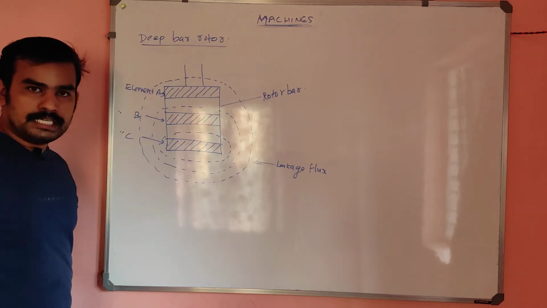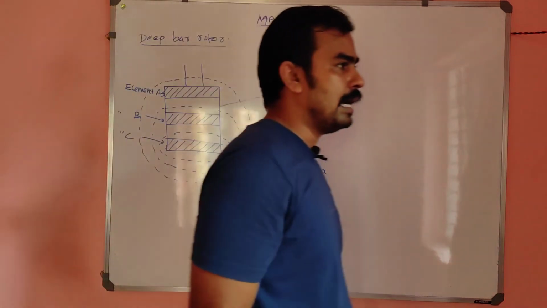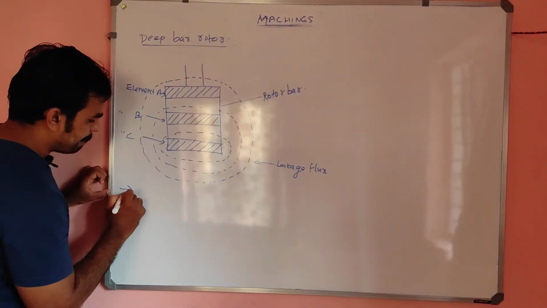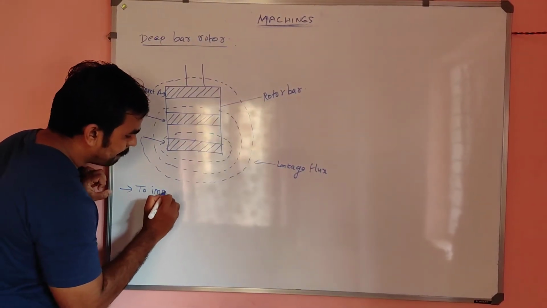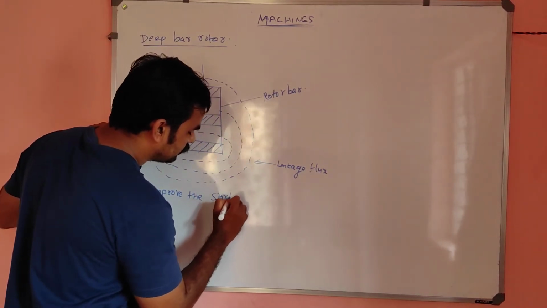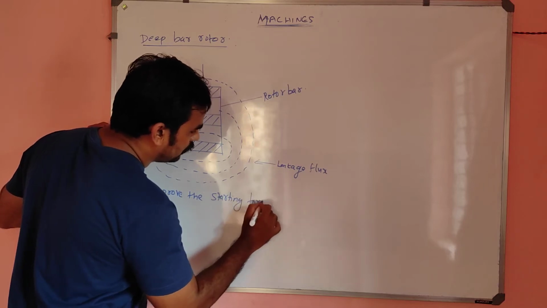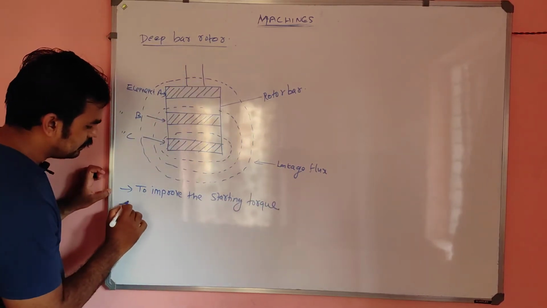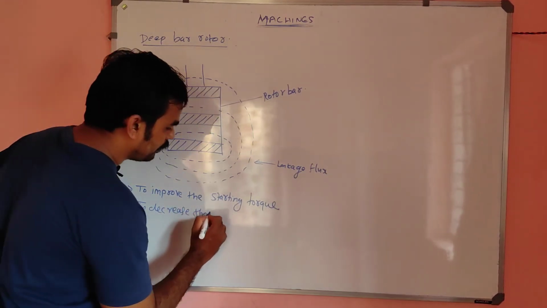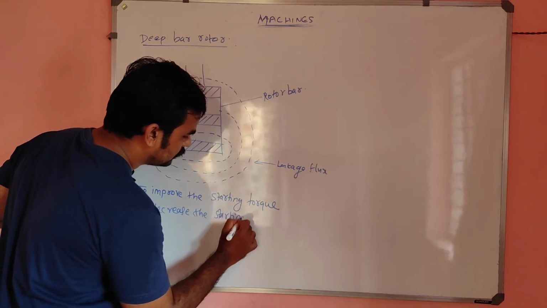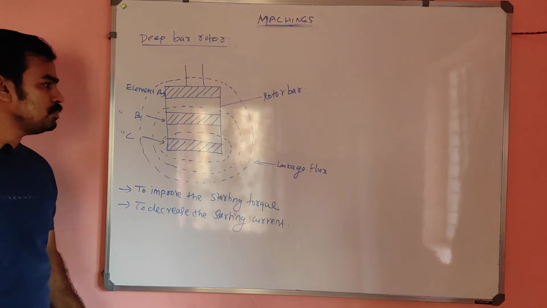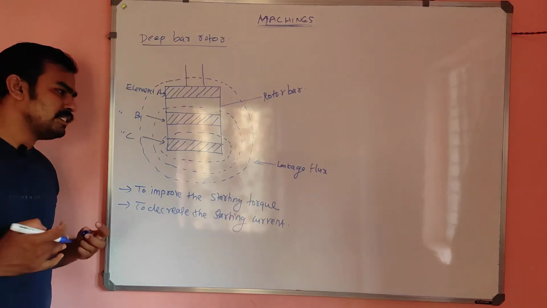So the deep bar rotor is used to improve the starting torque as well as to decrease the starting current. So for these two reasons we are using this deep bar rotor, and let's see its working.